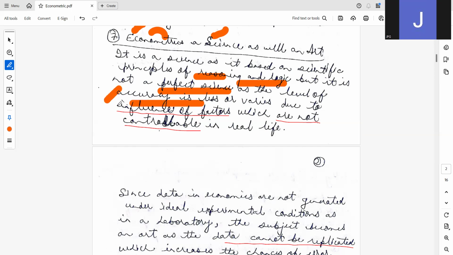The reason is that econometrics is trying to measure the economic relationship between the variables, and that economic relationship between the variables doesn't remain constant. It keeps on changing. There are factors in our life which are not controllable, right? In the real world, I cannot control things.